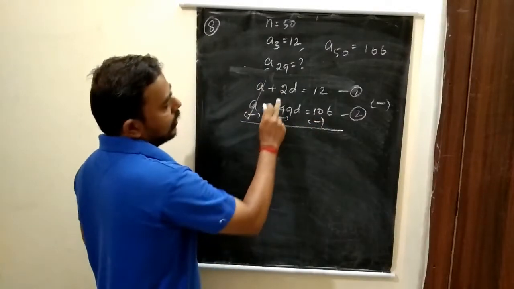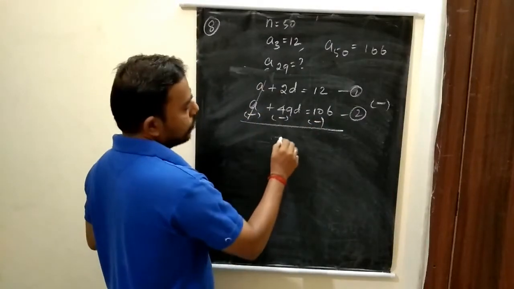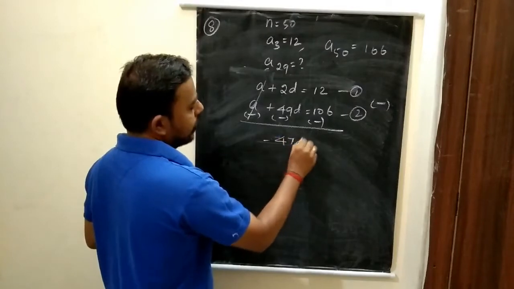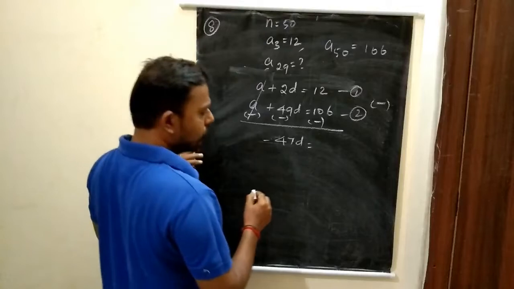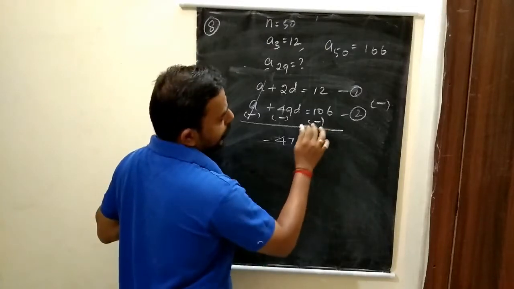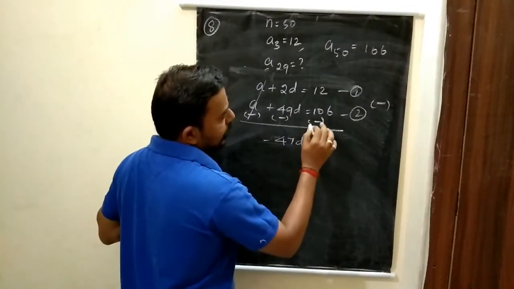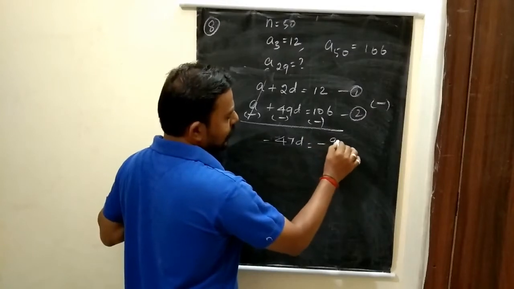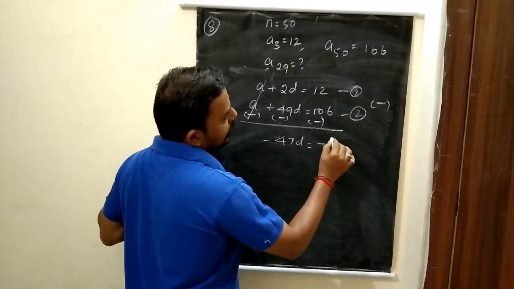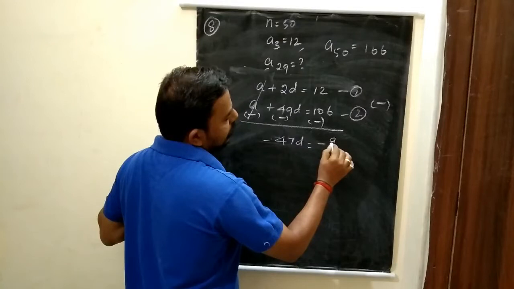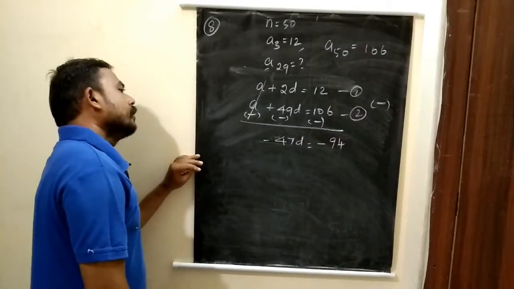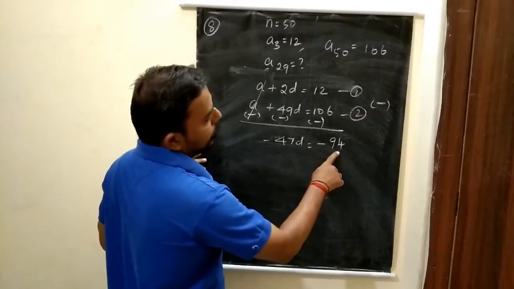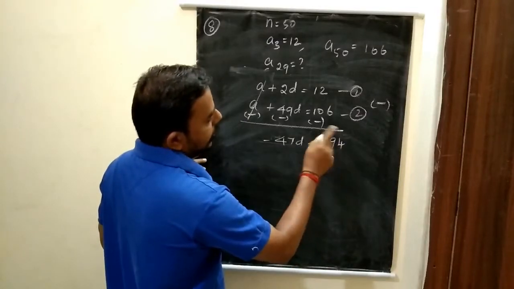The a cancels. 2 minus 49 is minus 47d. 12 minus 106 is minus 94.